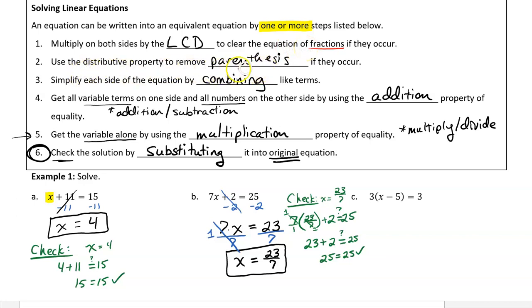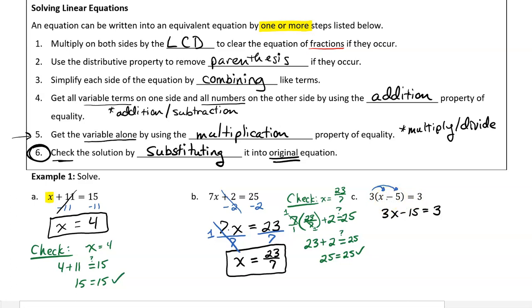I do have parentheses though, so I'm going to have to take that 3, this is the coefficient, and multiply through everything inside of those parentheses. So then that gives me 3x minus 15 is equal to 3. Notice this 3 on the outside here. It's not part of the parentheses, so it doesn't get that multiplication. Just what's inside of those parentheses gets it.